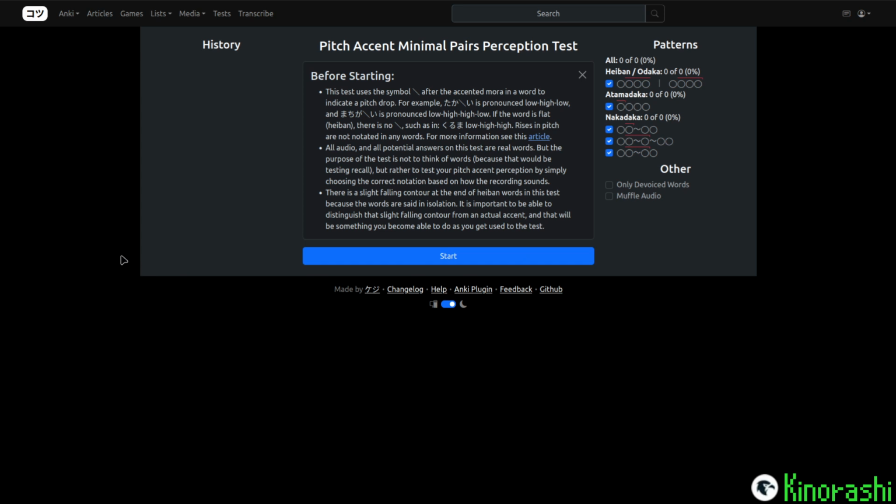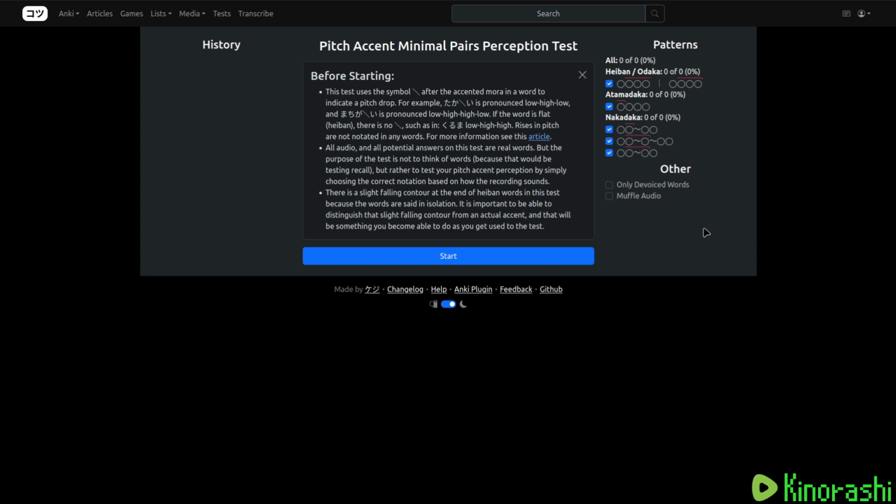Then 国, kuni, 国が, kuniga. 時間, jikan, 時間が, jikanga.